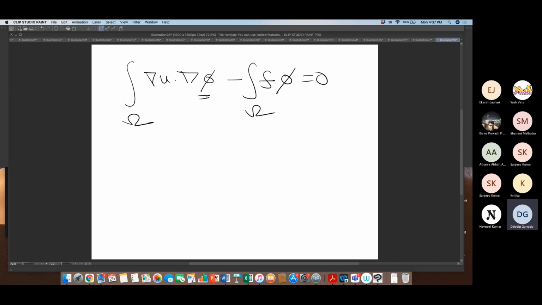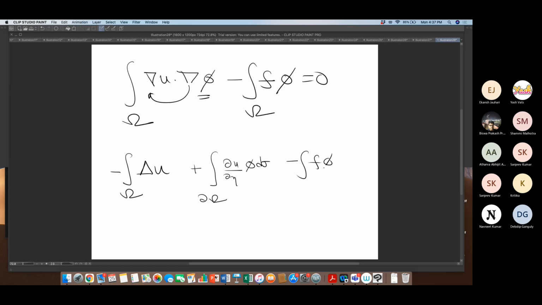What will I do now? Always use integration by parts. Minus Laplacian of u is the interior term. What will be the boundary term? Plus the integral over the boundary of omega of ∂u/∂ν times φ dσ. What is the value of φ at the boundary? φ is a compactly supported function, so it is 0.